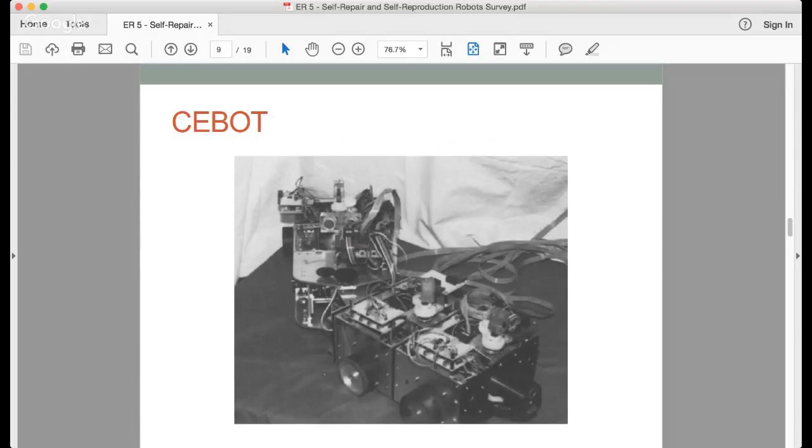The first application we're going to discuss is TEBot. We talked about TEBot earlier in the modularity meetup, but today we're going to discuss self-repair and how it can be performed in TEBot. It can be performed with a simple procedure due to the layered structure of the system.